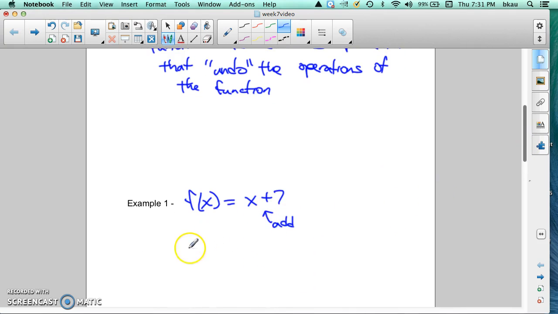So the inverse function, which we would denote with a little -1, the inverse of the function would be x minus 7. We use the opposite operation to undo what we did in the first function. First we added 7 to the x, now we're going to subtract the 7.